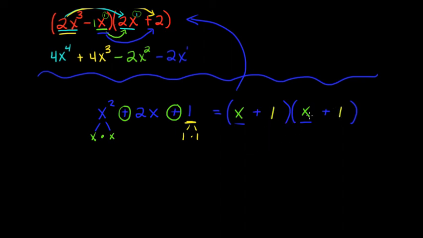Now, if we check this, the way we're going to find out if this middle term is correct, which right now we don't know, we're going to multiply these 2, and then we're going to add the multiplication of these 2. So what this essentially looks like is, first step, x times a 1 will give me an x.